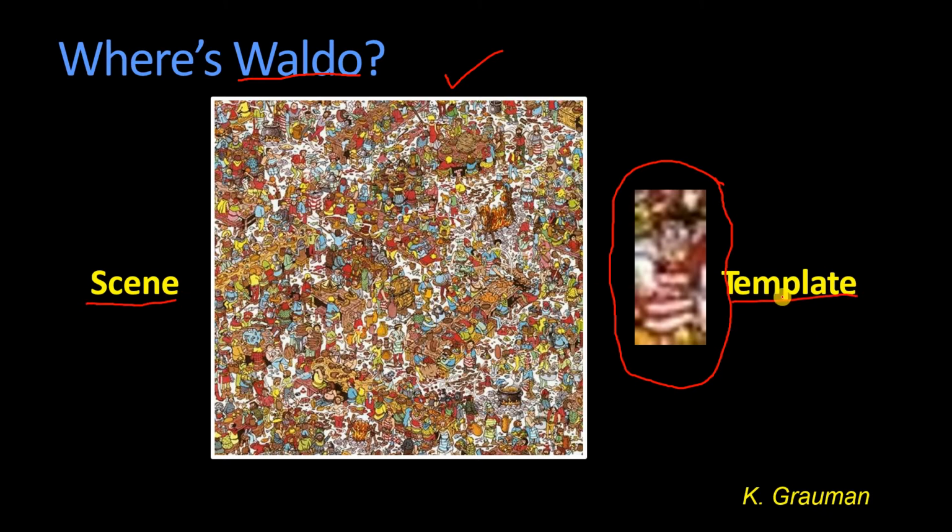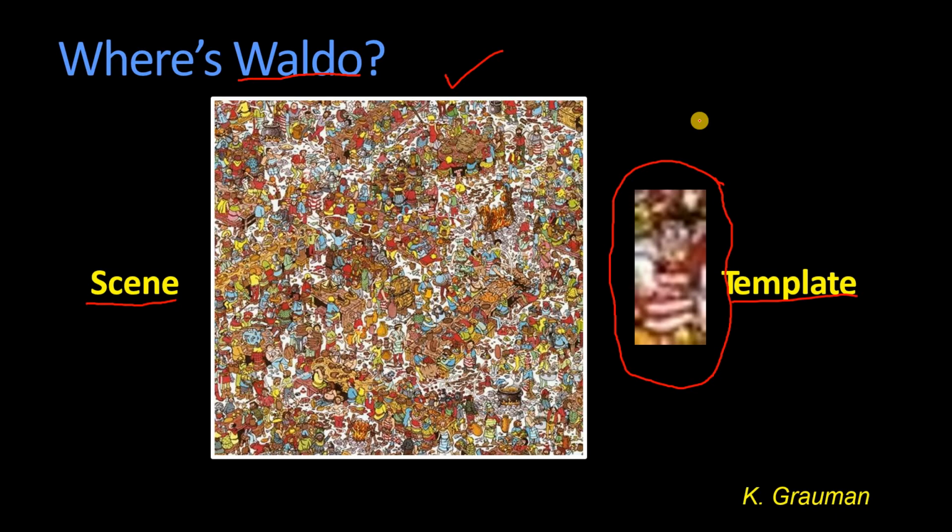Now you will see the advantage of computer vision. Remember in chapter 1 we said that computer vision is better than human vision in some repetitive tasks. So here is one such repetitive task. If I want to find this template inside the scene, human eyes cannot find it easily because there are hundreds of shapes or characters.